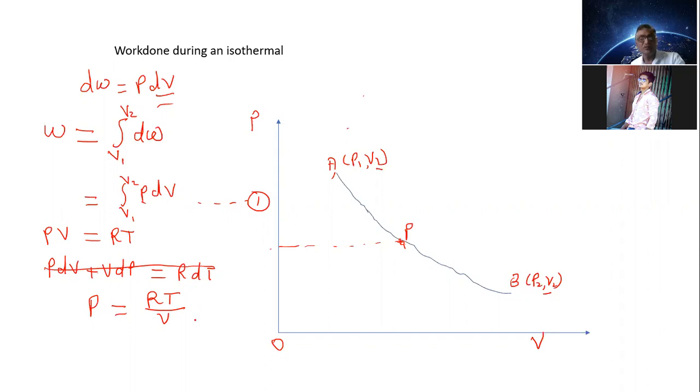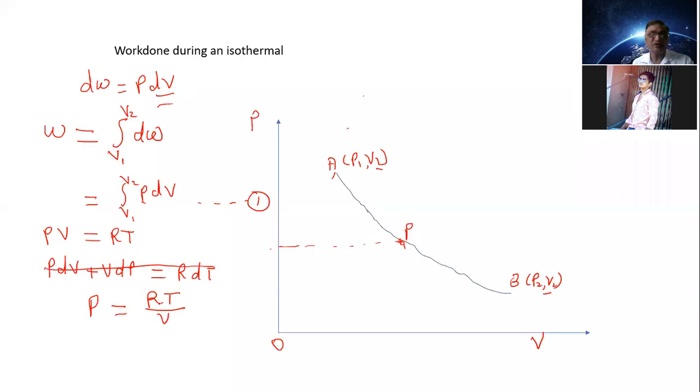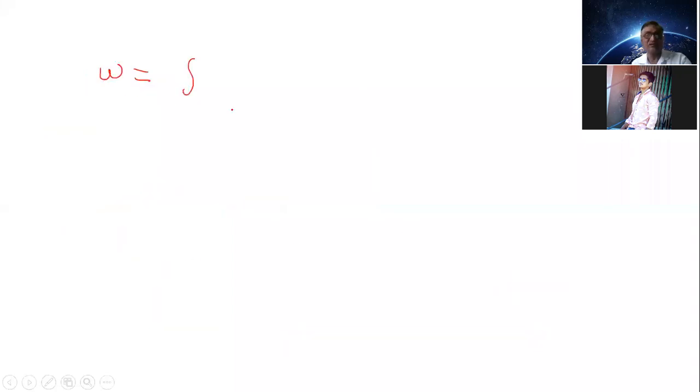And therefore, we get here in equation 1, W is equal to integral of PdV. आता P ची व्हॅल्यू आपल्याला या इक्वेशन वरनं टाकायची आहे. That is RT upon V into dV. इंटिग्रेशन लिमिट V1 to V2.